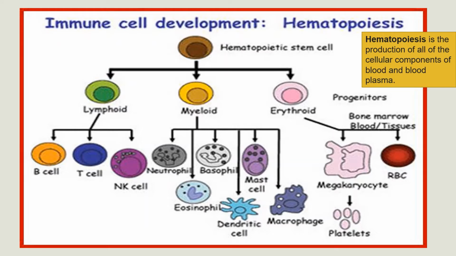Neutrophil, basophil, eosinophil and mast cells are called granulocytes because granules are present inside those cells. And from the erythroid progenitor cell, platelets and RBCs are produced. Mainly these WBCs are involved in immune response.